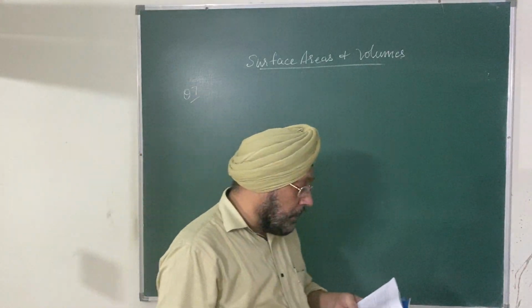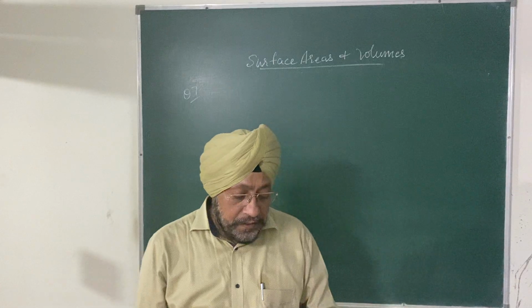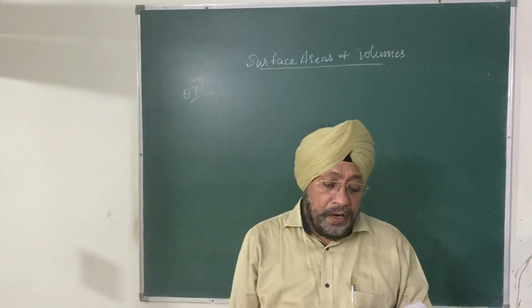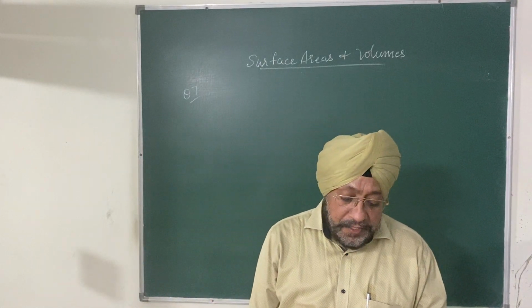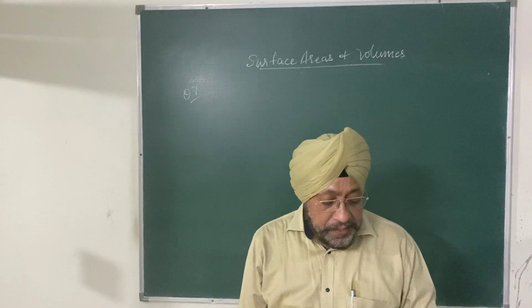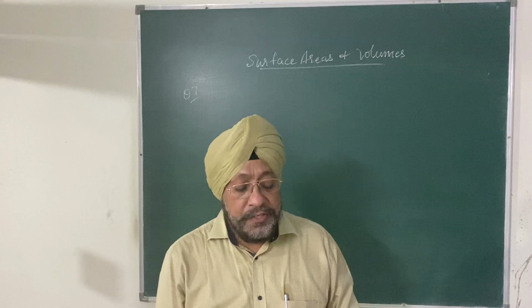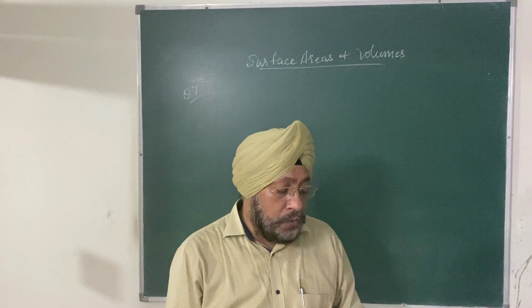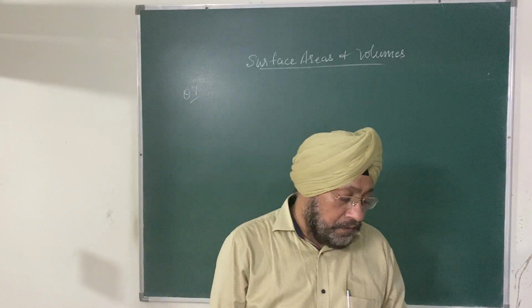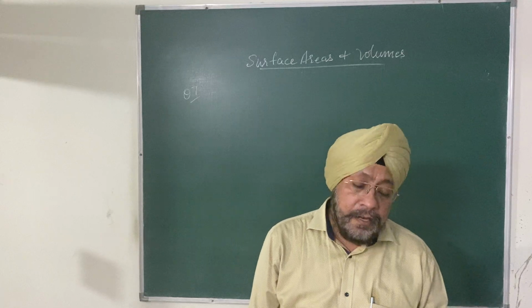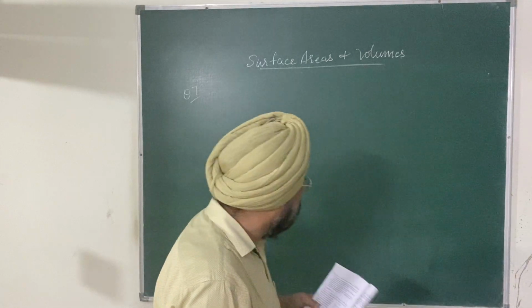A cylindrical bucket whose height is given as 32 centimeter with radius of base as 18 centimeter is filled with sand. The bucket is emptied on the ground and a conical heap of the sand is formed. If the height of the conical heap is 24 centimeter, find the radius and the slant height of the heap.